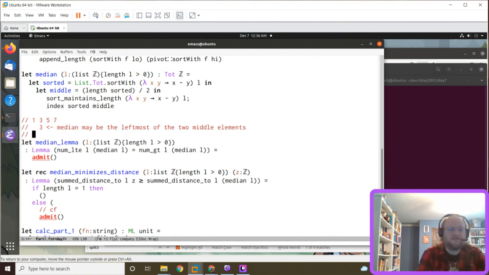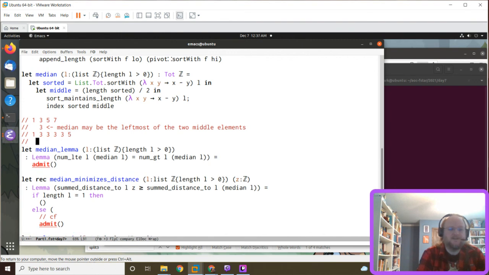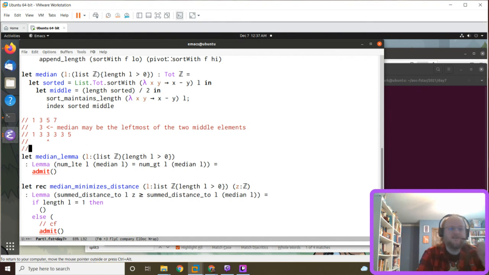I think this actually isn't true. Right. It's not true because the median's here. So we'd have a hard time proving that anyway, unless all the numbers were distinct, which is a very, very hard thing to express, I think.